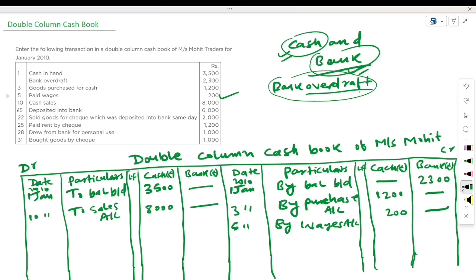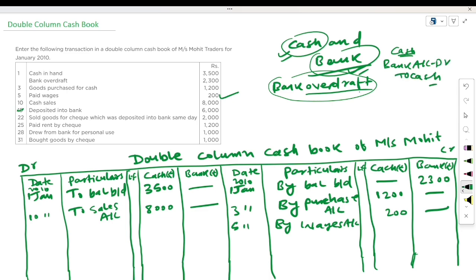Now the next transaction on 15 January is deposited into bank. How much? 6000. Now see here, if any cash amount is deposited into the bank, or cash amount is withdrawn from the bank, then for these transactions, here you are depositing cash into the bank, it means bank account debit to cash account.